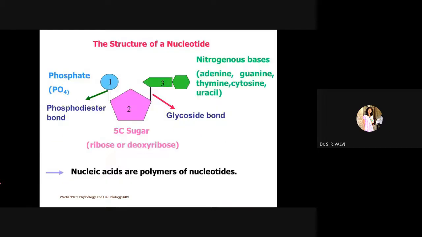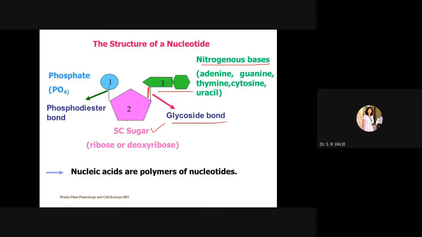Okay, see my next slide. Here you can see the glycosidic bond. Present between whom? This is the sugar and this green-colored one is a nitrogenous base. So the bond is present between the sugar and the nitrogenous base, the green color and pink color. The pink colored one is the sugar.